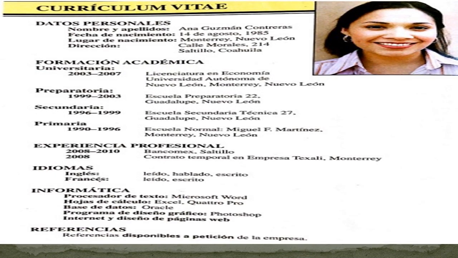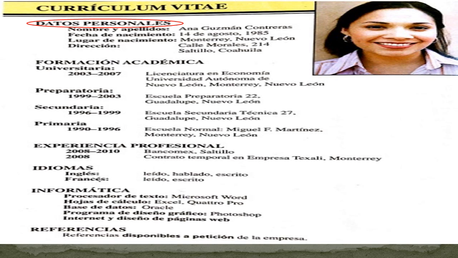Another important vocab item in the tema is this document here that you see. It's a very important document for job applications. It's called, in English, the CV or the resume. We call it curriculum vitae, or more commonly, el currículo.